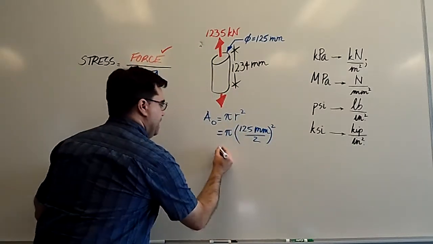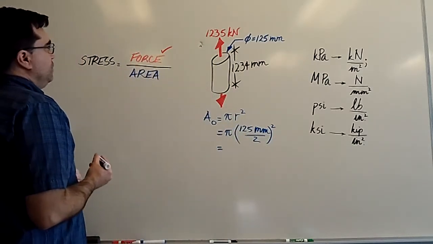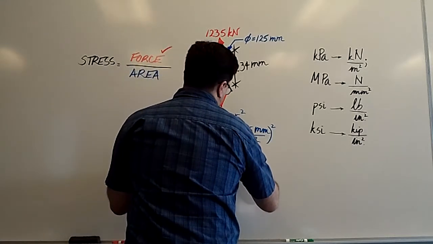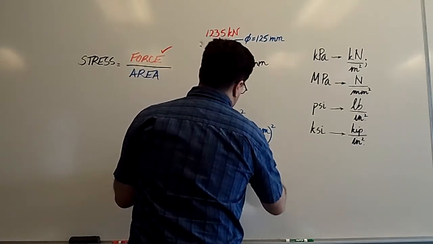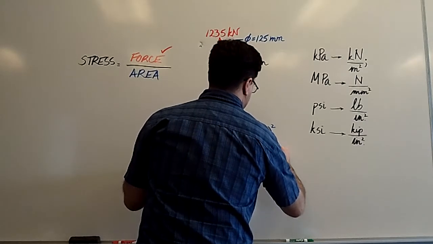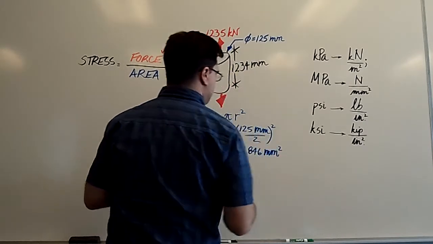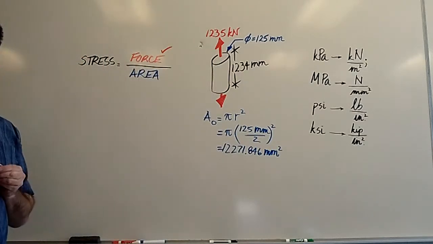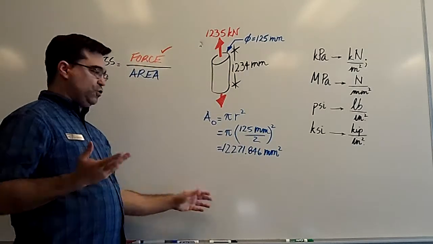Make sense? And then when we work that out, we get 12,271.846 millimeters squared. Okay?